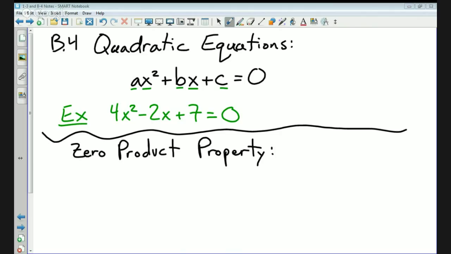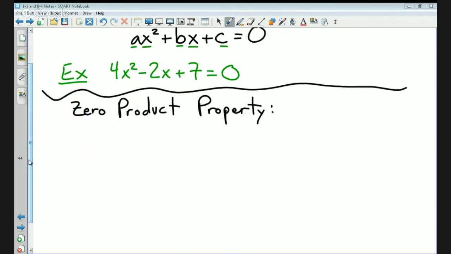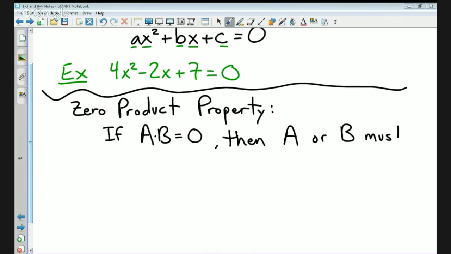And the zero product property, in very brief speak, this is in your book if you would like to look at this a little more, says that if you have a times b equals 0, then a or b must be 0. That's the only way you're going to multiply things together and get a 0. One of the two, or maybe both.